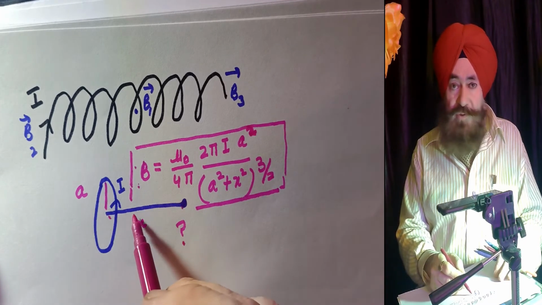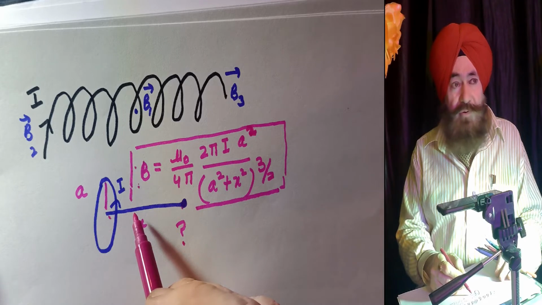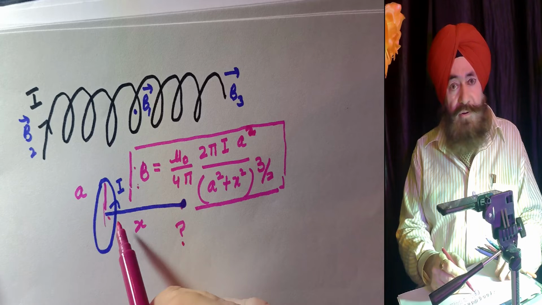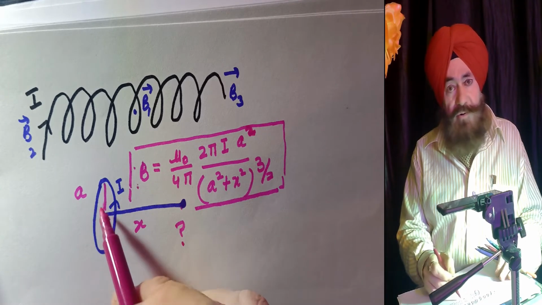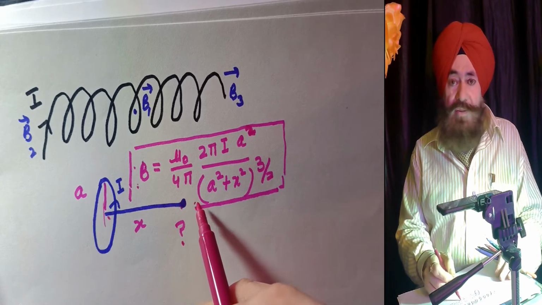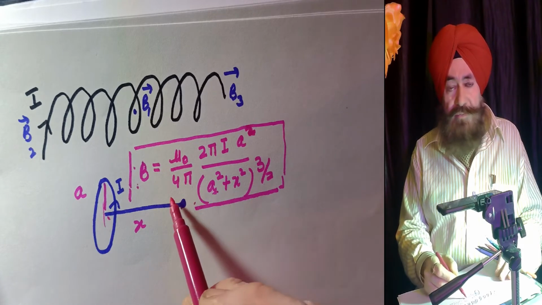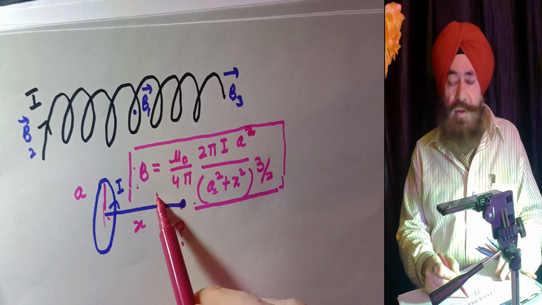You go to my previous video, whose heading was what is the magnetic field at a point on the axis of a current carrying loop. In that video I derived this formula.